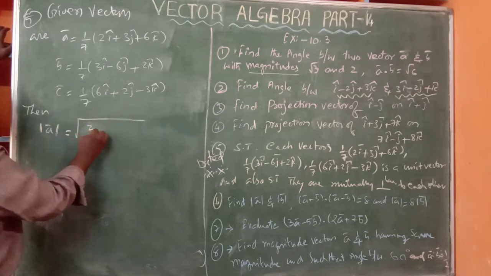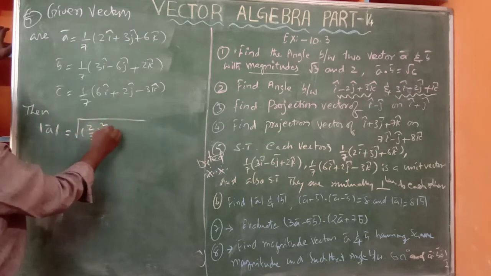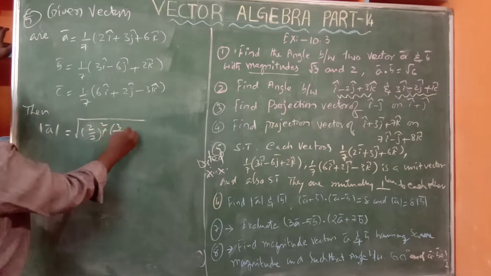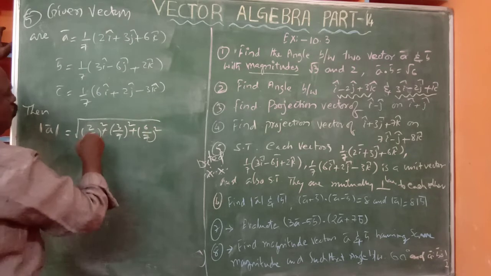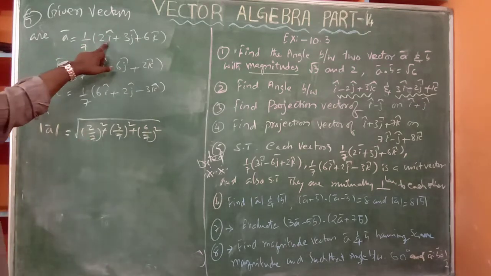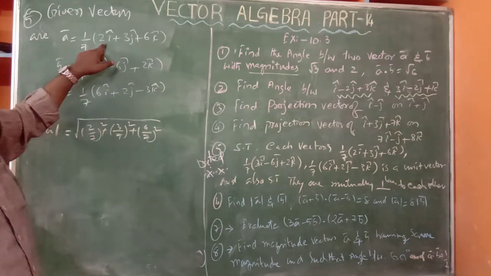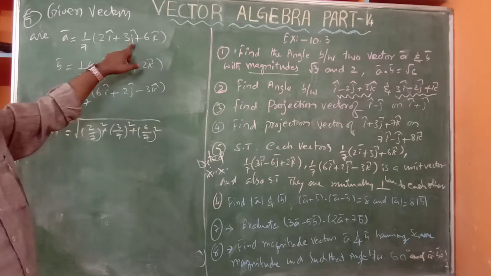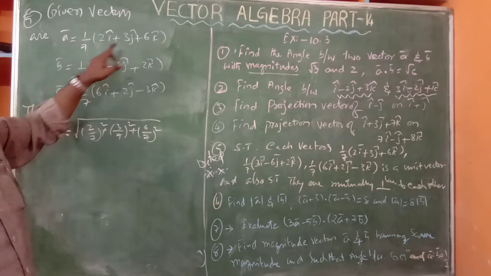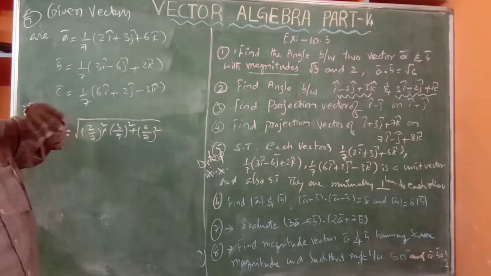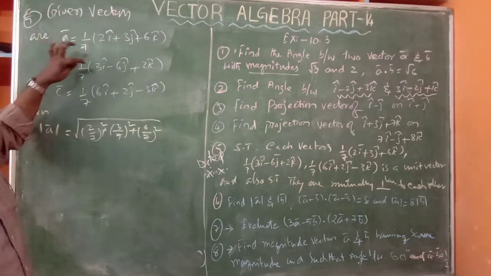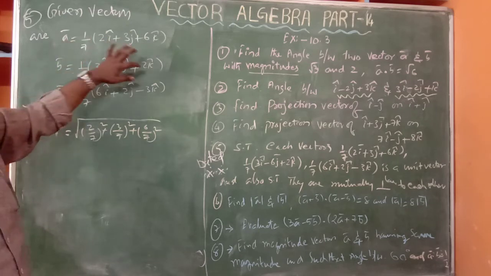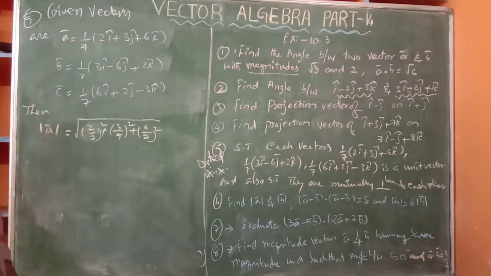It is 2 by 7 square plus 3 by 7 square plus 6 by 7 square, don't forget. The coefficient of i is 2 by 7, not simply 2. The coefficient of j is 3 by 7, 6 by 7, okay. That is, components are 2 by 7, 3 by 7, 6 by 7. For B bar, 3 by 7, minus 6 by 7, 2 by 7, like that one.